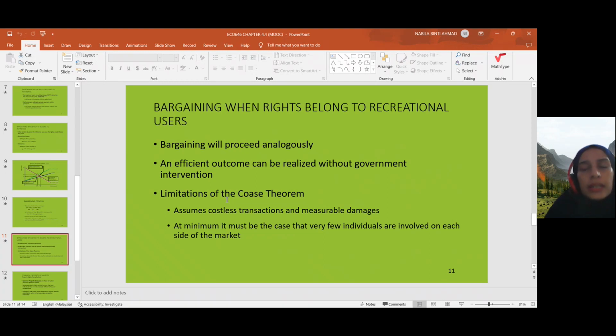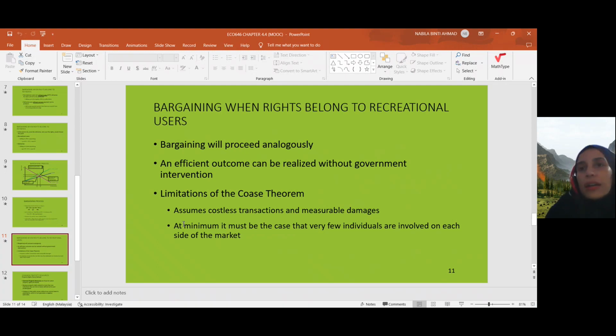But there are limitations. There are some disadvantages, because just now we assumed that there is no cost involved and the damages can be measured. But in reality, the cost cannot be zero. Everything that we do, we should bear the cost. And also the damages are hard to measure. And at minimum, it must be the case that very few individuals are involved on each side of the market.